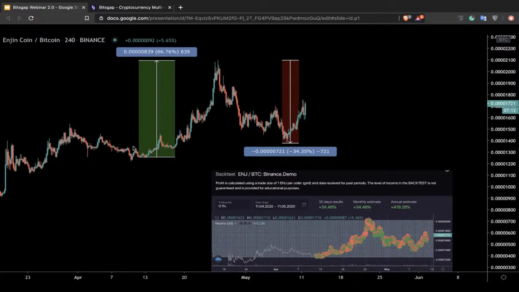And throughout this period, the price has, first of all, appreciated by 66% from that point up to the highest high, and then it has moved downwards, so that was down by minus 34%. So that's, in this case, the risk you take, all right? So the risk for this trade was minus 34%, whereas the appreciation potential was 66%.